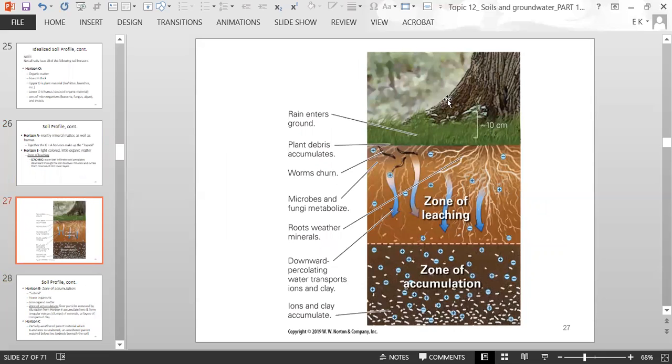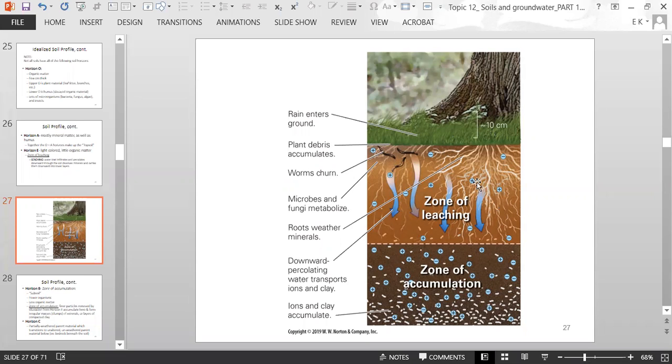Okay, here's another diagram of that, actually. The rain entering the ground. In this diagram, they're kind of eliminating the O and the A horizon. They're just showing you the zone of leaching here. And here the plus and the minus are little ions. Those are the dissolved minerals.